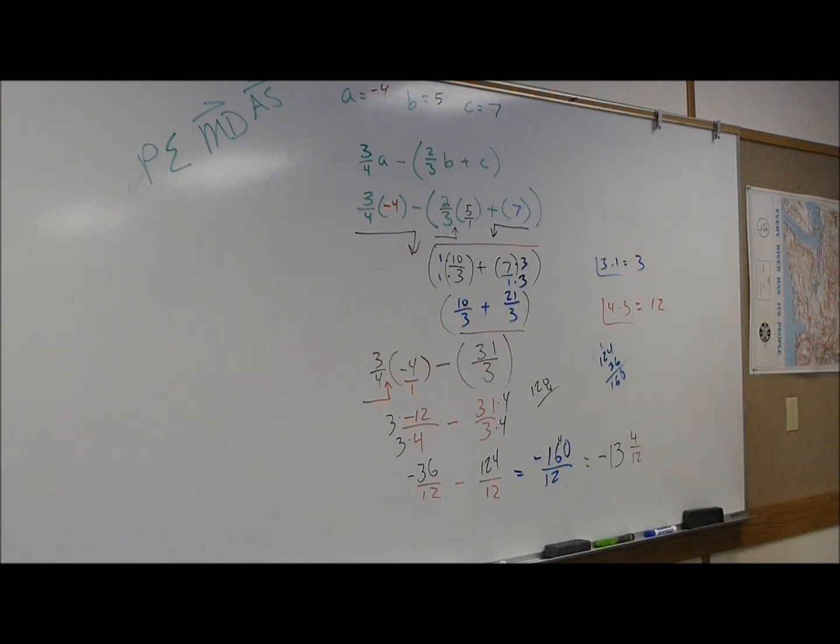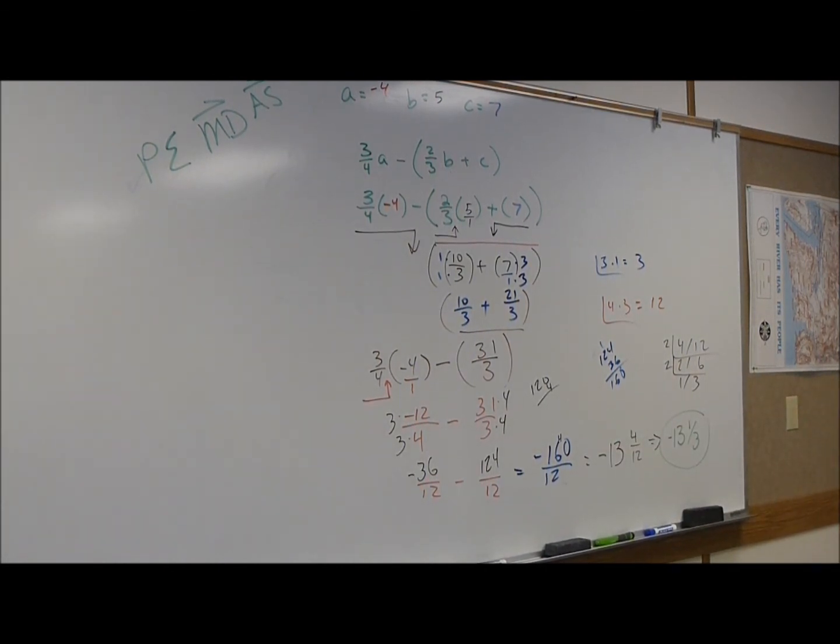And so we're almost done, except now we got to take that 4 twelfths and break it down. So 2 goes into 4 twice, 2 goes into 12 6 times, so that's 1/3. So now we know that this is actually negative 13 and 1/3. Ta-da! That one's a tough one.